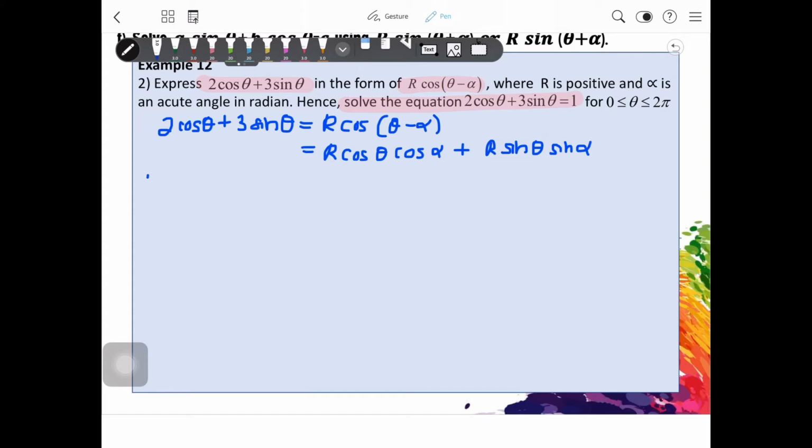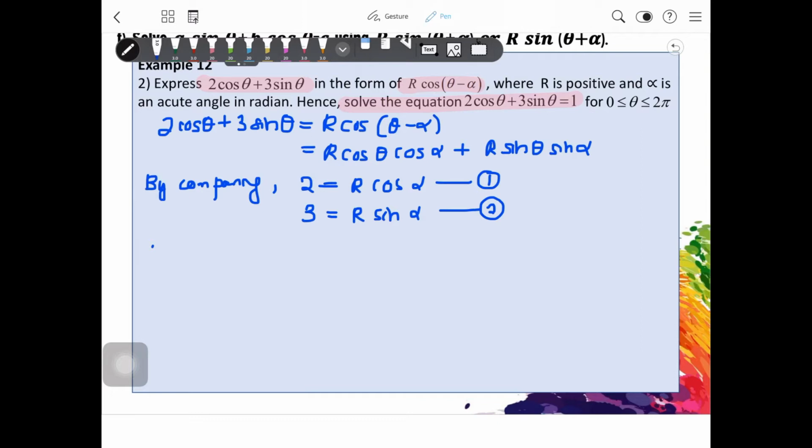So the next step is by comparing. We will have 2 is equals to R cos alpha, which is equation 1, and 3 is equals to R sin alpha, which is equation 2.